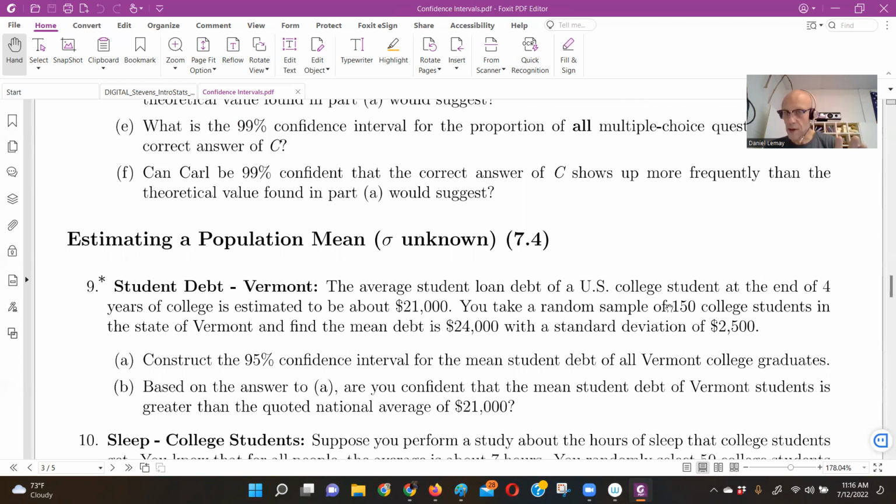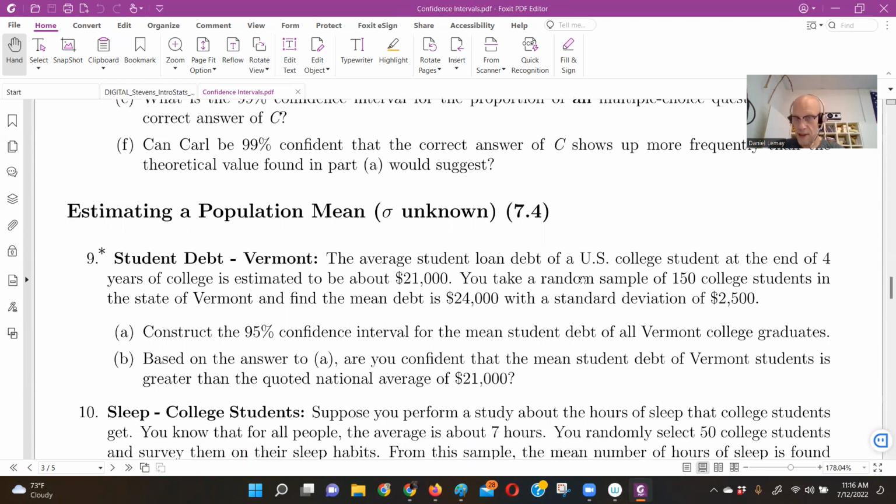Because if the sample size is bigger than 30, then the central limit theorem kicks in, and we can use all that stuff we did back in chapter 6 to work with this. So yeah, we got a sample here of 150, so that's fine. Plus, it's a random sample. The average student, you take a random sample. So we got a big sample size, we got a random sample, we're safe to go. But we can't use the z distribution, we're going to use the t distribution.